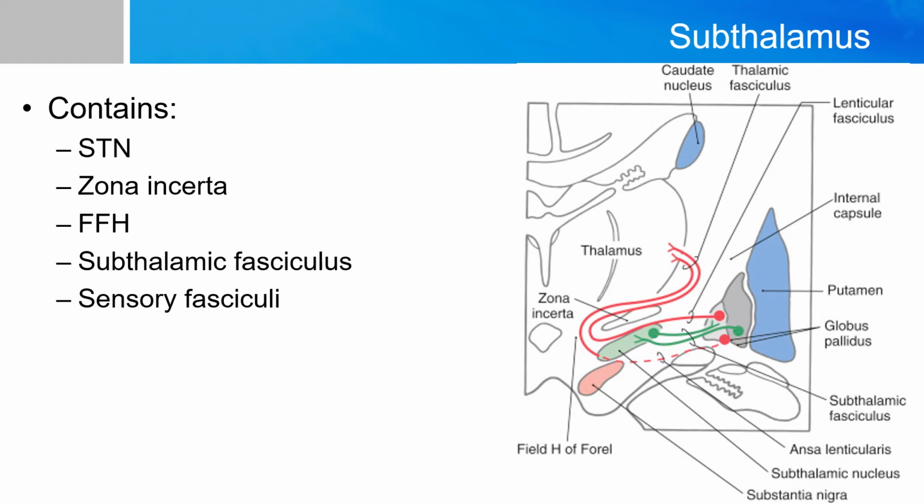And also there are fibers of the sensory fasciculi, which include the medial lemniscus, the spinothalamic and trigeminothalamic tracts to the ventral posterior lateral and ventral posterior medial nuclei of the thalamus, which basically carry the sensory information.